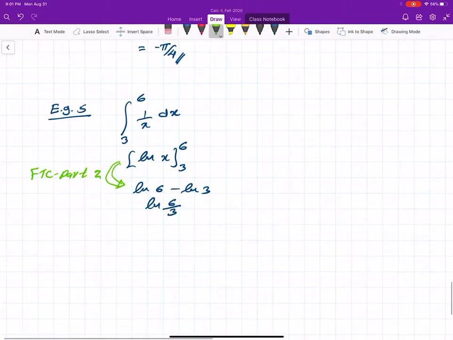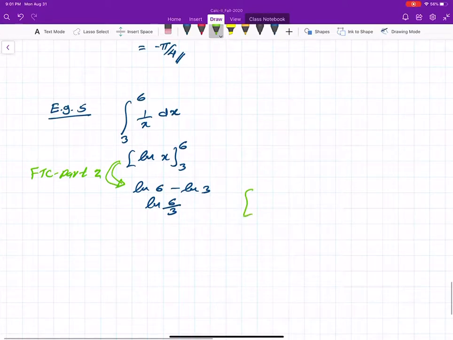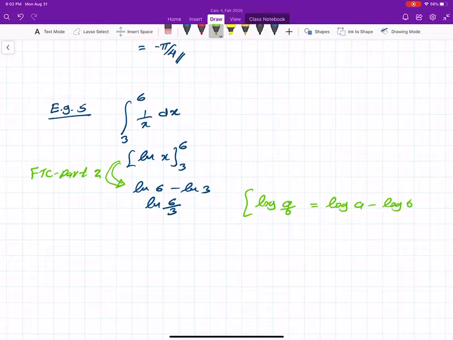That law says log a over b is the same as log a minus log b. Here I have ln. This rule holds for every base, any base.